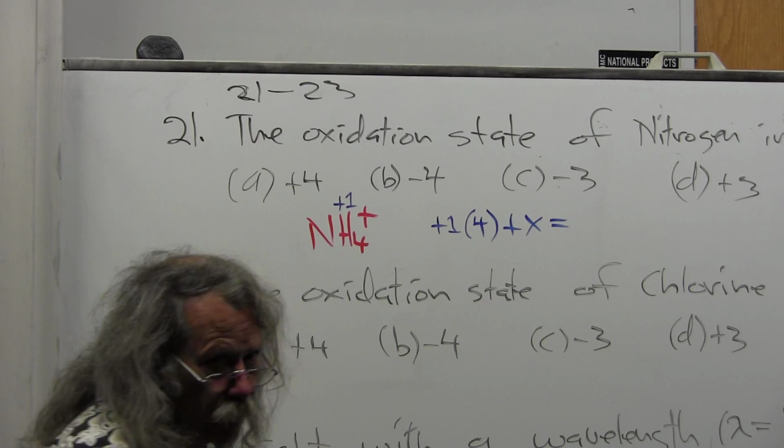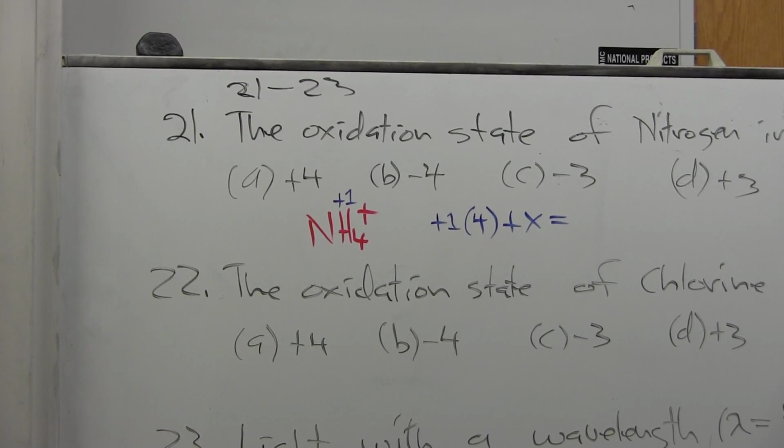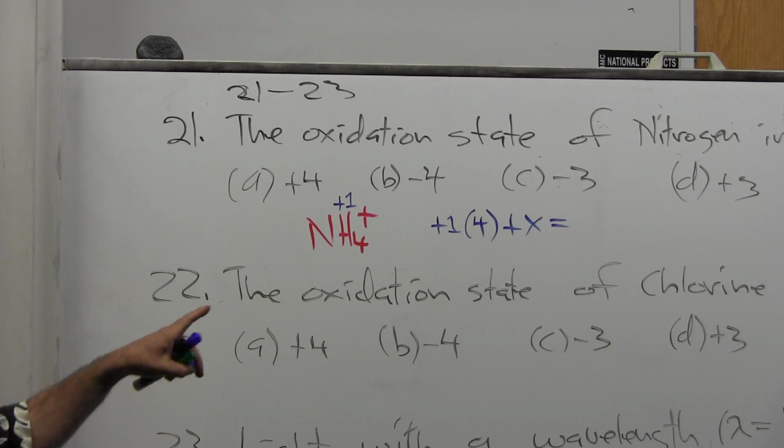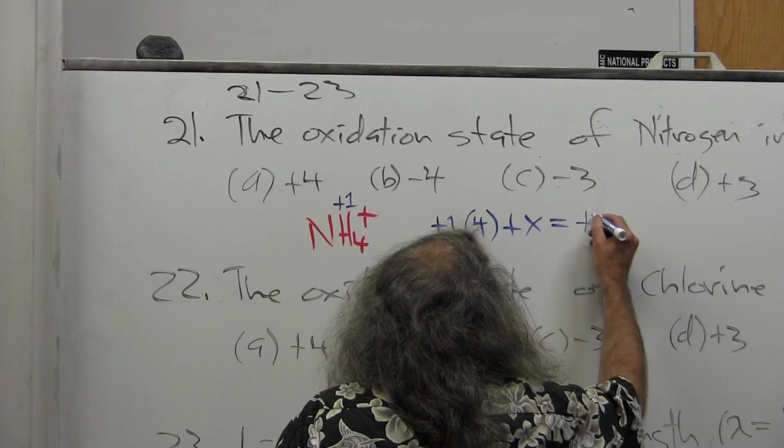And now rule number 3 in our rules for assigning oxidation states states that the sum of the oxidation states has to add up to 0 if it's a neutral molecule, or the charge on the ion if it's some sort of molecular ion. And in this case, the charge on the ion is +1.